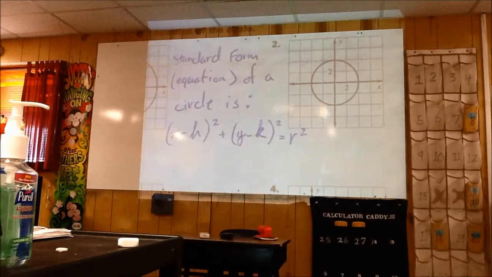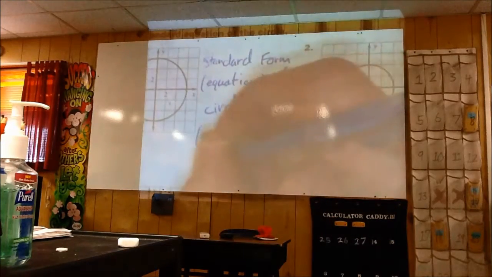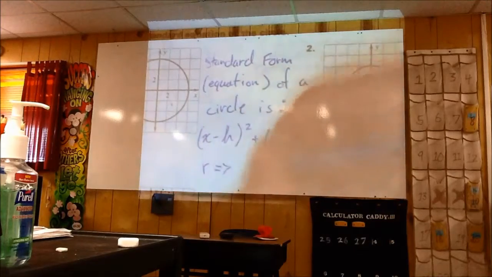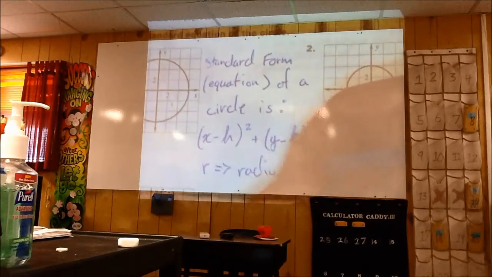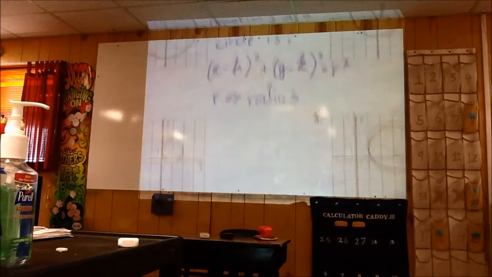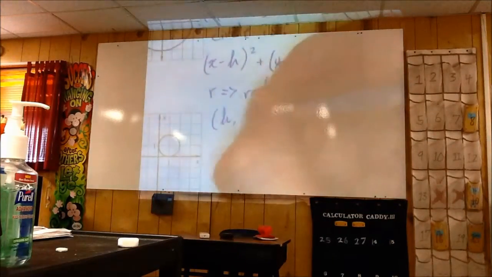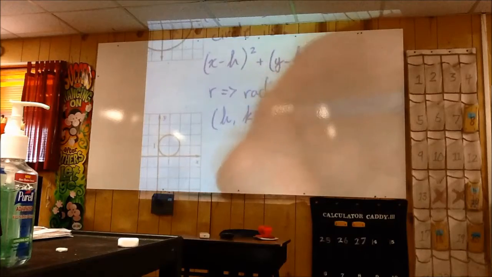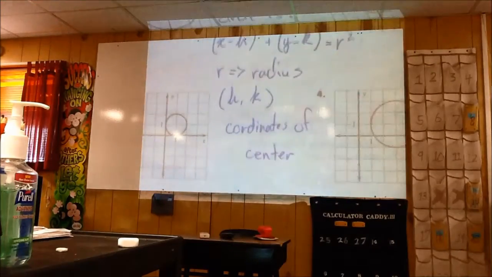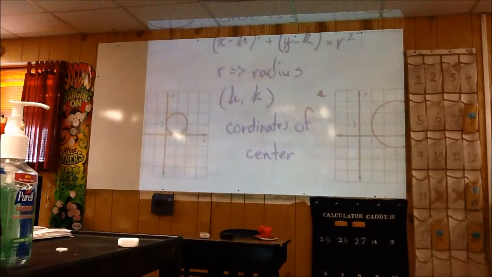And so h and k are the coordinates of your center. So we're just going to quickly identify. I'm going to say, hey, r, that is your radius. And then we've got h and k, coordinates of the center.